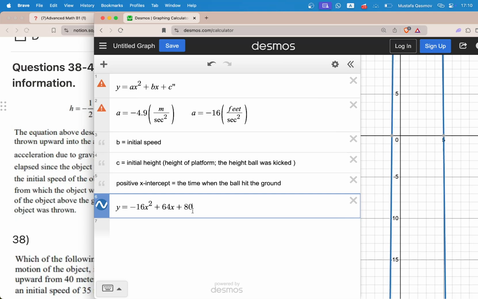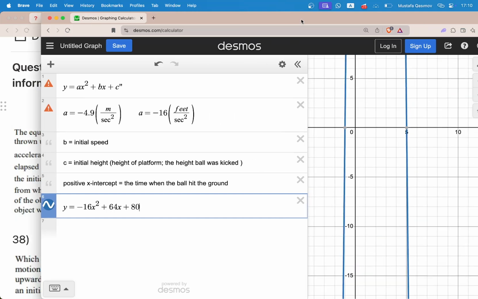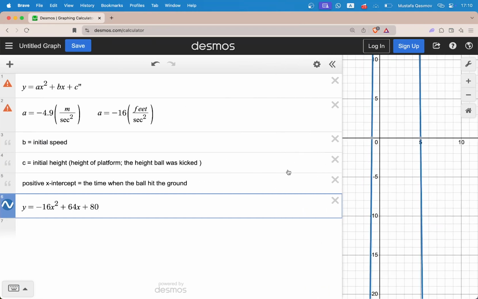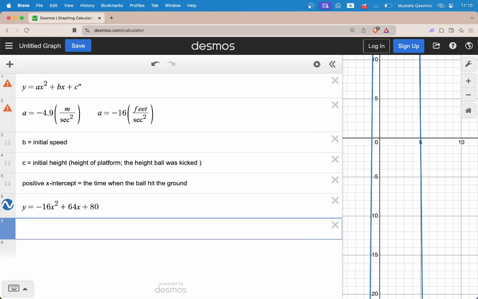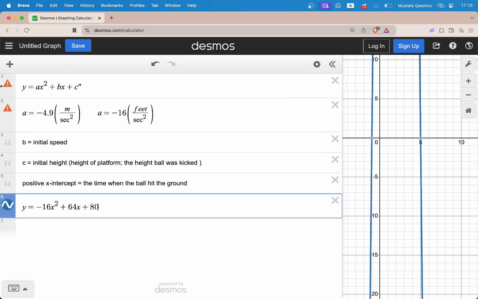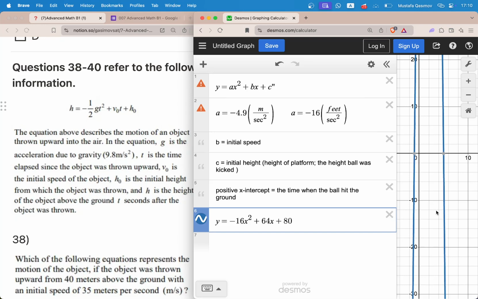What's your opinion? From what height? Yes. 80? Yeah, 80. It's simple like this.